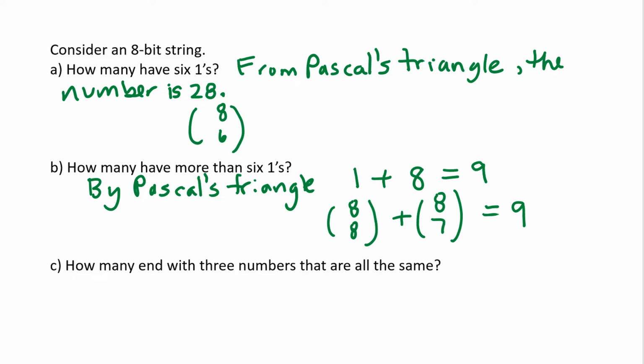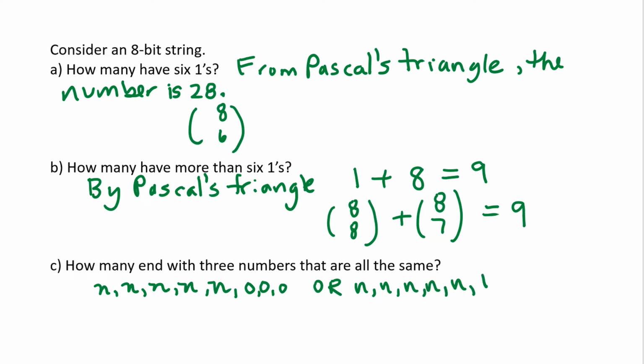Part C, how many end with 3 numbers that are all the same? So we still have an 8-bit string, and the first 5 could be 0 or 1. So we can have 0 or 1, 0 or 1, 0 or 1, 0 or 1, 0 or 1, and then 0, 0, 0, or again 0 or 1 for each of the first 5 digits, and 1, 1, 1.